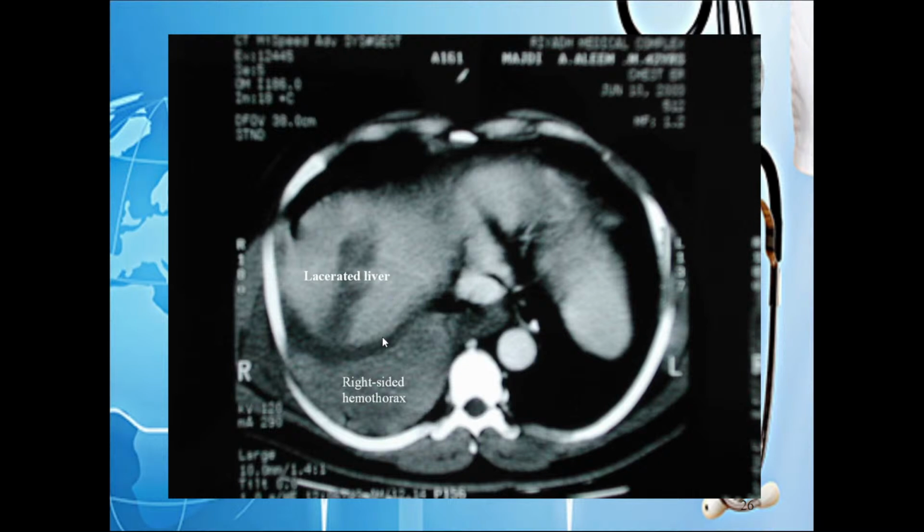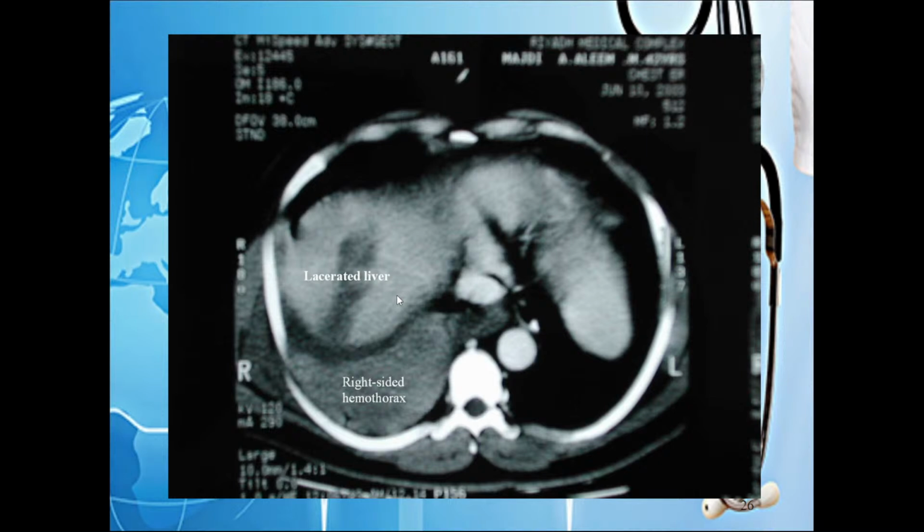Why does the density lower? Because the contrast remedy does not come inside this focus. When does it happen? When the tissue is ruptured and when a hematoma forms inside or outside some kind of organ.